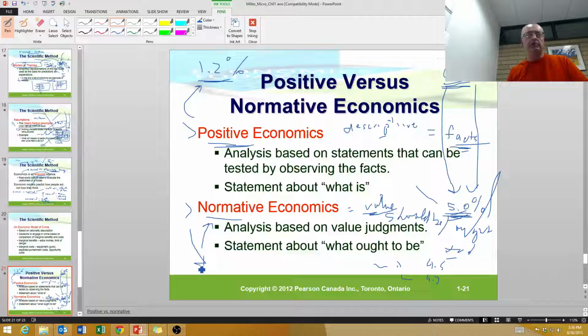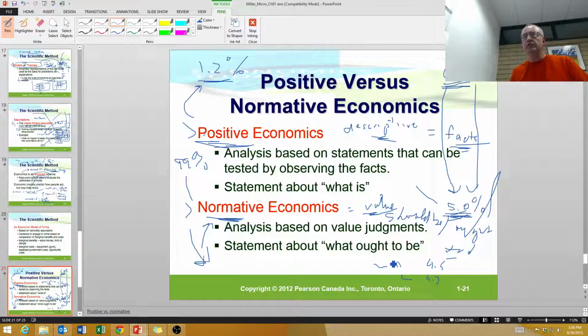When they prescribe solutions to economic problems, they're venturing into the realm of normative economics. It's just a basic classification. 99% of the stuff that we're going to do in this class is all going to be positive economics. It's going to be descriptive. And we'll do a little bit of normative, but not very much.